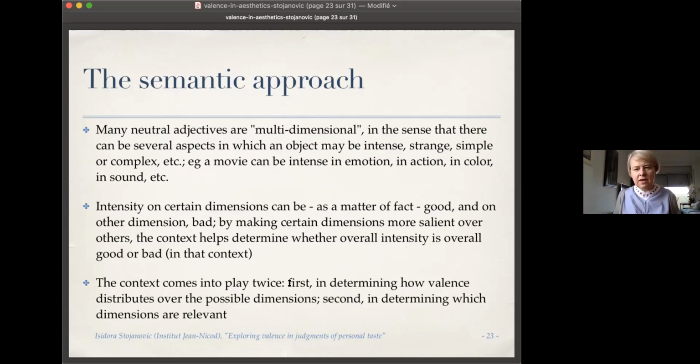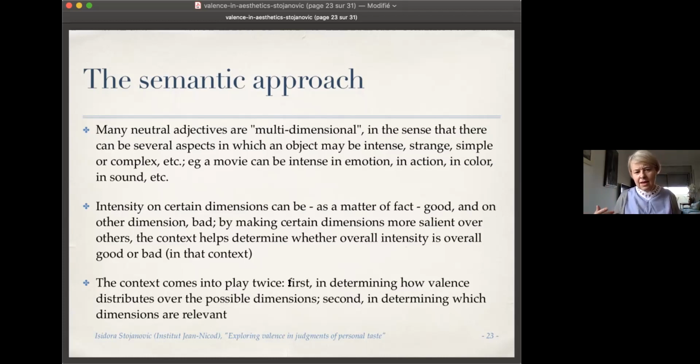First, it's not really a unidimensional property, because to determine whether something is intense, what you need to do is look at the various dimensions in which an object can be intense, and the context is going to select the relevant dimensions of intensity.